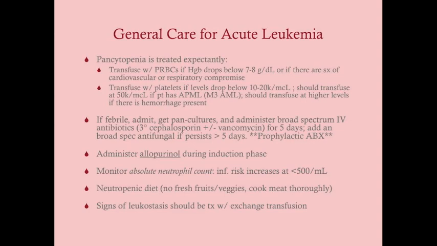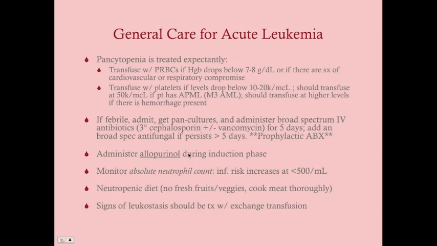And not only do they destroy cancer cells, but they destroy healthy cells too. And the result of destroying cells is that you're going to get uric acid into the bloodstream. And when you have higher levels of uric acid, you can develop gout and so forth. So allopurinol is useful during the induction phase to prevent tumor lysis syndrome.